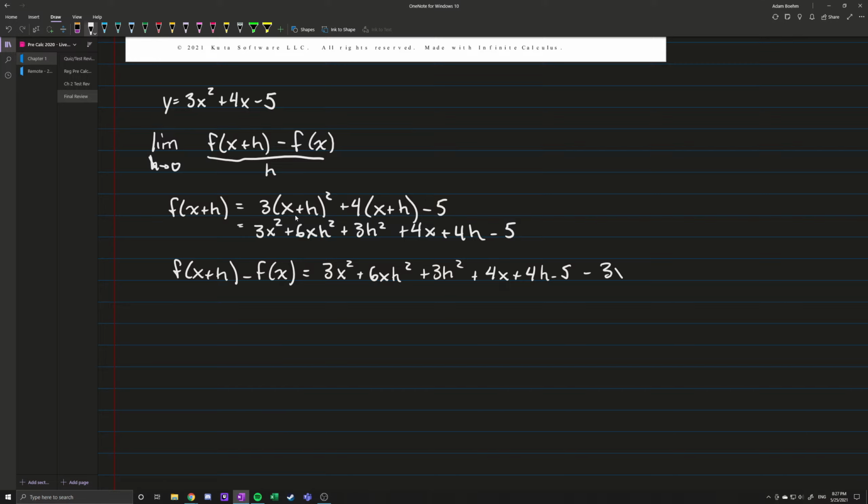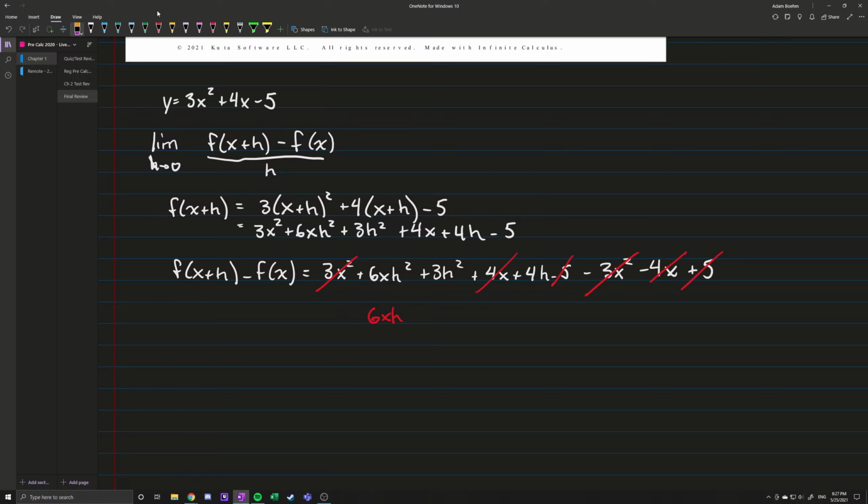So minus 3x squared minus 4x plus 5. So we can cancel some stuff. 3x squared minus 3x squared is 0. Minus 4x plus 4x is 0. Minus 5 plus 5 is 0. And we are left with 6xh.